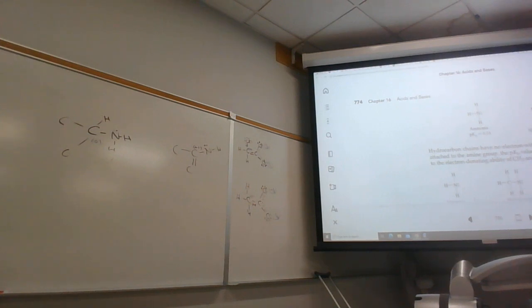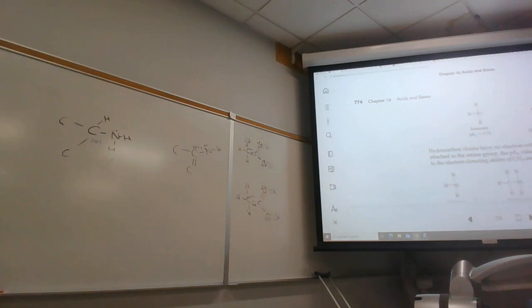Which one is going to be a stronger acid? There are two ways to answer this. One is by looking at electron pushers and electron withdrawers. So for an acid, which one is going to be the stronger acid? Cyclohexanol, or this, which is called phenol.